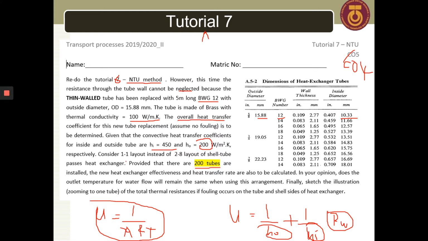Will the effectiveness be the same or will the effectiveness increase? If the effectiveness is not the same anymore, you have to calculate it. Of course, it will be higher, right?